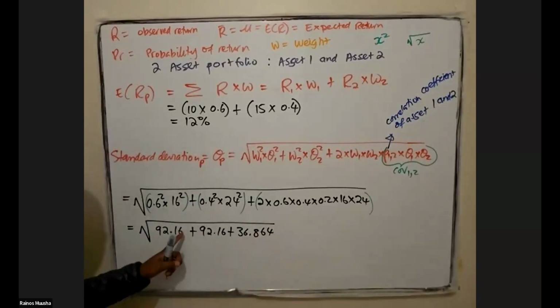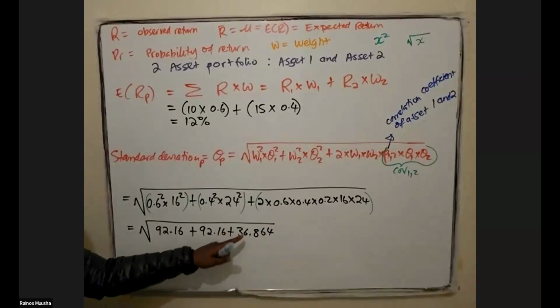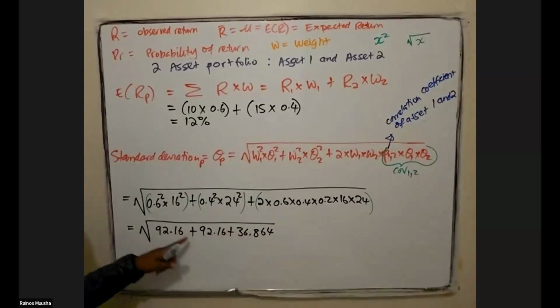Remember, if there are extra zeros there, it doesn't really matter. When you do these in-between calculations, try to round off these figures to 4 decimal places as much as possible.